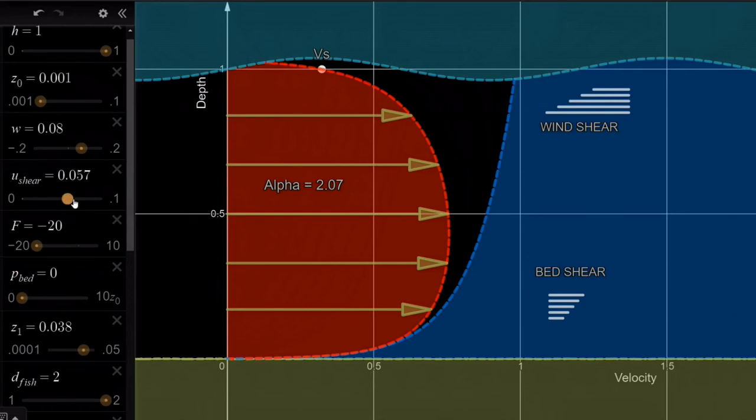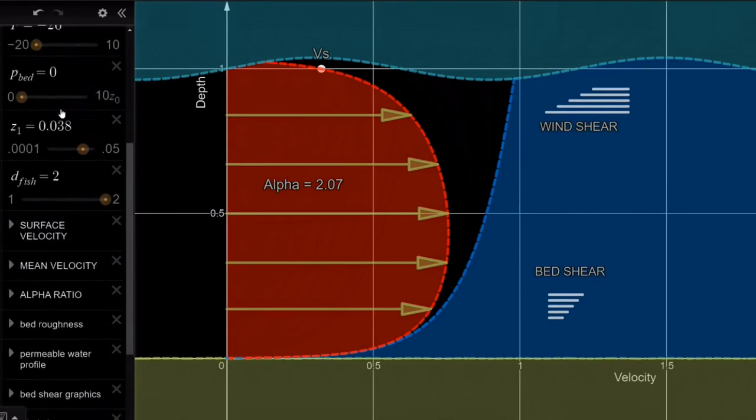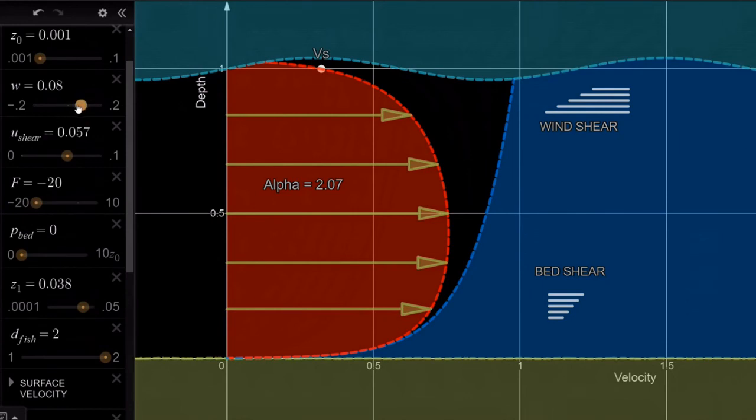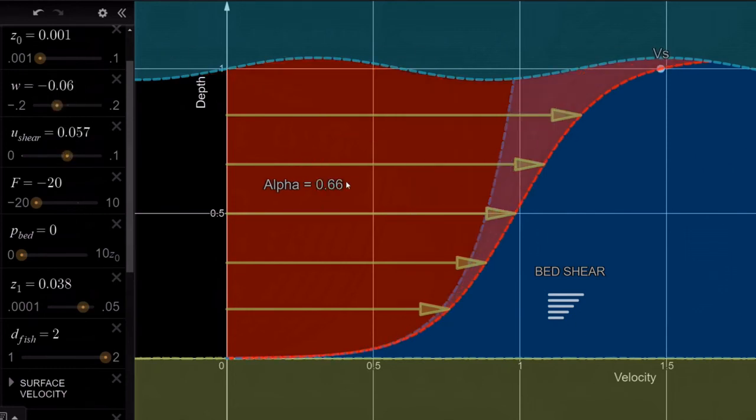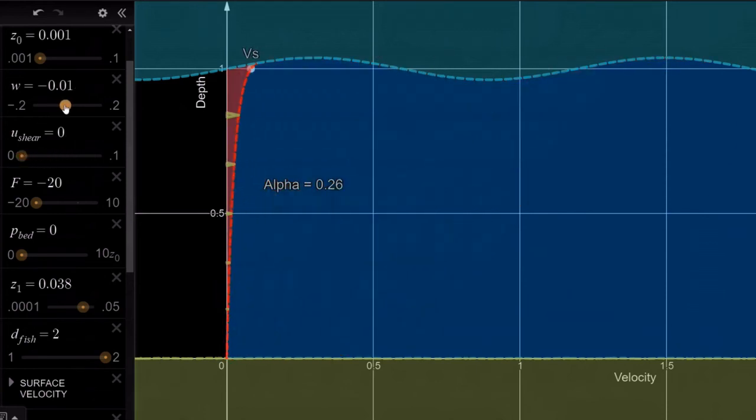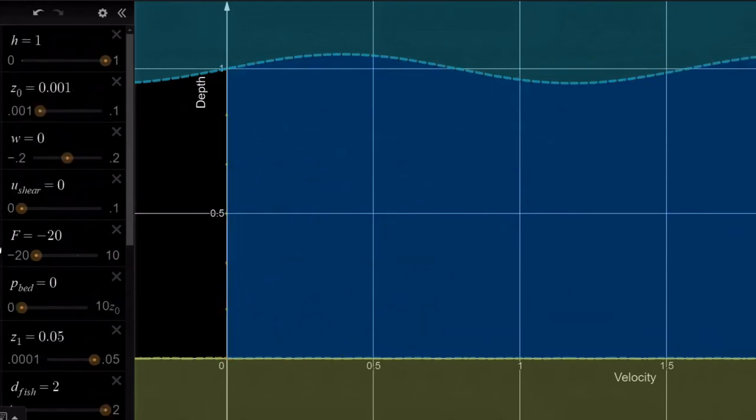In fact, if the wind is strong enough, we can have negative velocities at the very surface, yet still have a positive mean velocity, which will give us a negative alpha ratio of 2.4, which is incredible. Similarly, a downstream wind reduces alpha, and we have the same thing in the other direction, but it is affected by that. So now we've covered the range.